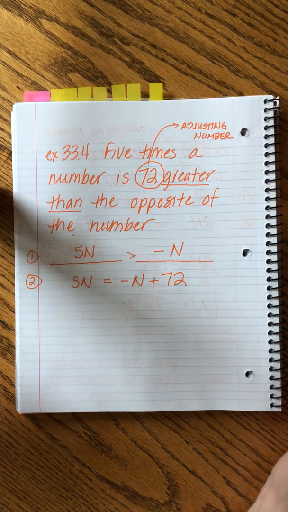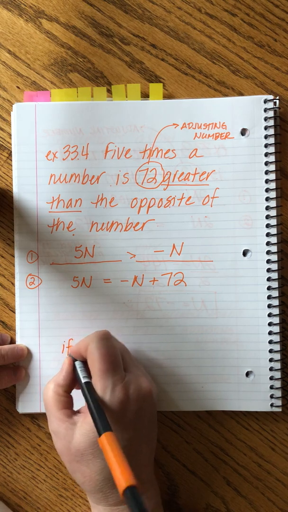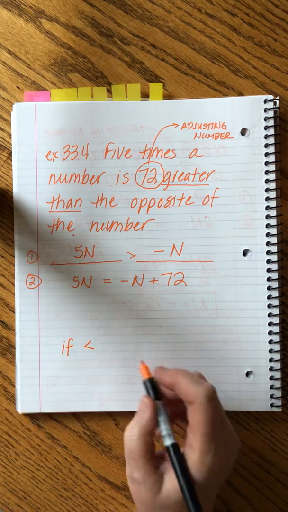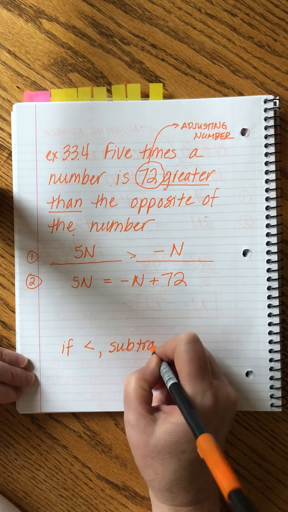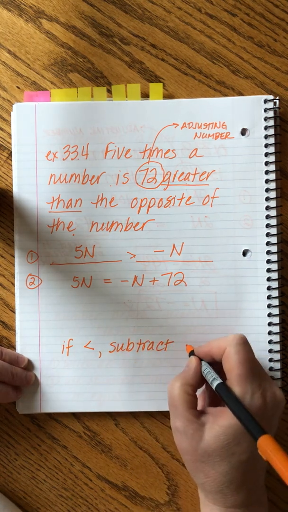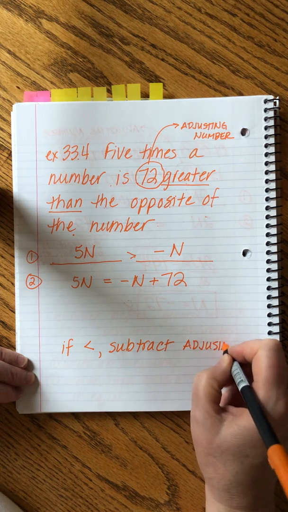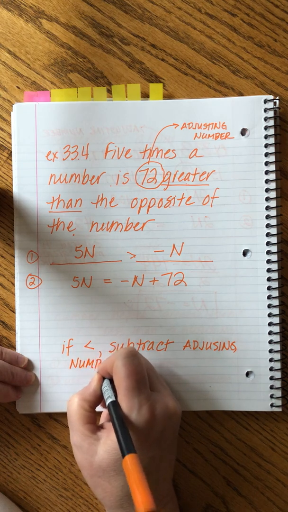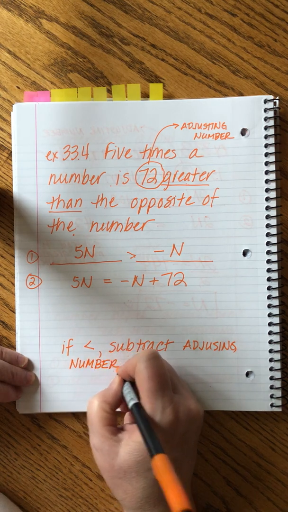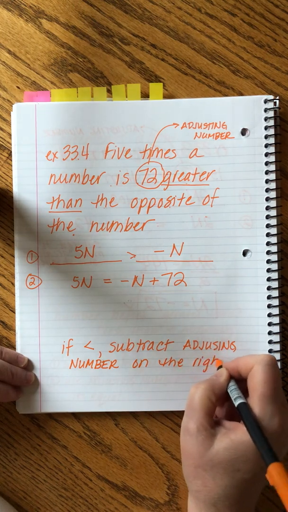Okay, so here's a little rule we can work with. If it's less than, then we subtract the adjusting number on the right side of the equation.